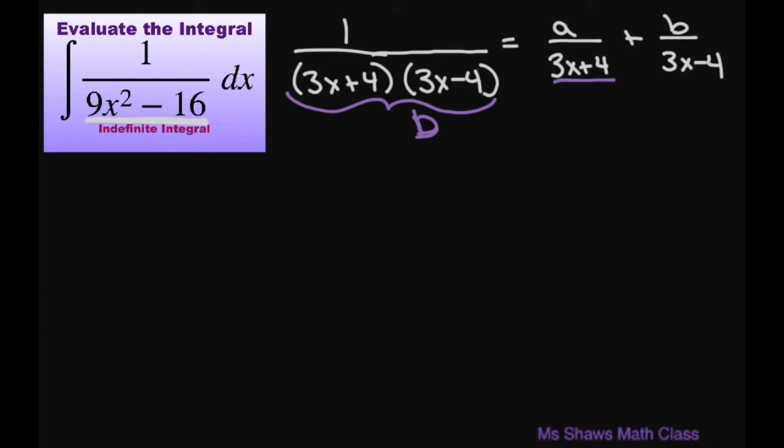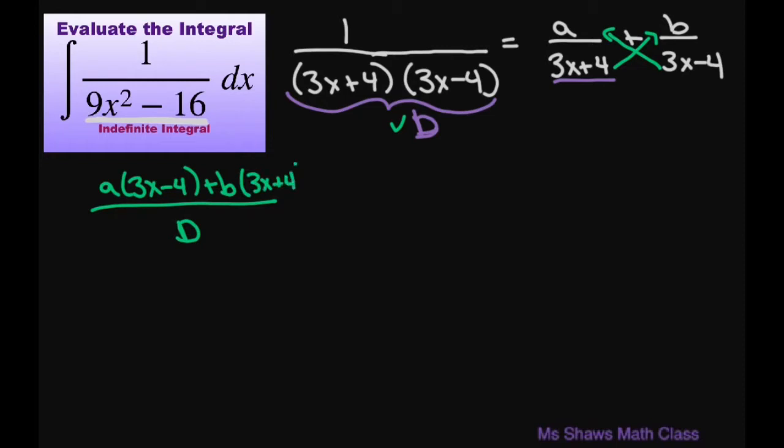So when I get my common denominator and cross multiply, I'll have this common denominator here, and we'll have A times 3x minus 4 plus B times 3x plus 4. Again, this is supposed to equal 1 over your common denominator. So our denominators match.